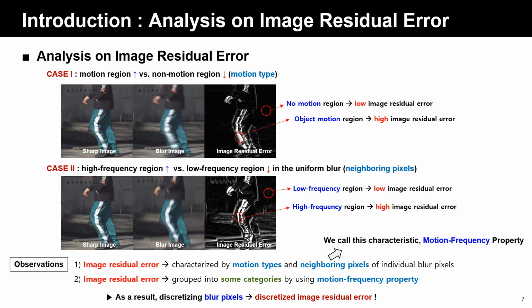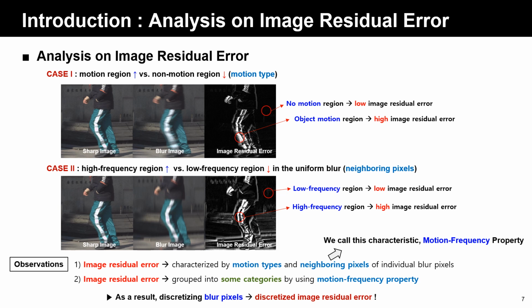In this slide, we analyze image residual error and what characteristics are in it. As shown in the figure, in case 1, the left image shows the sharp image, the middle image indicates an object motion blurred image, and the right image is the image residual error. You can see that the object movement regions like the person's leg highlight image residual errors when compared to non-moving regions like a flat wall.